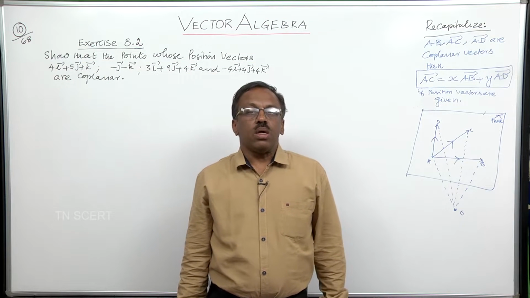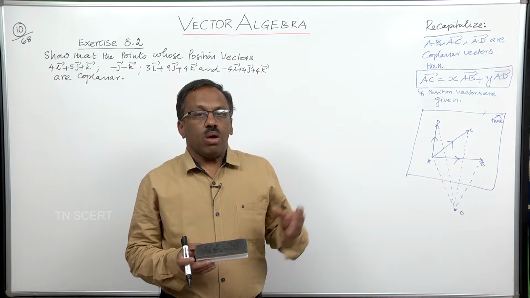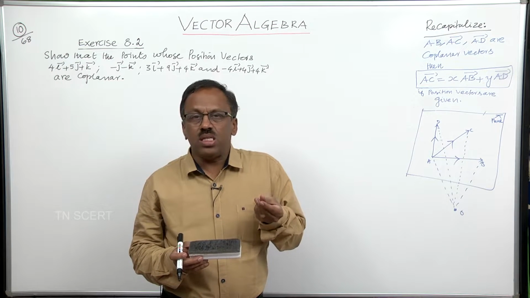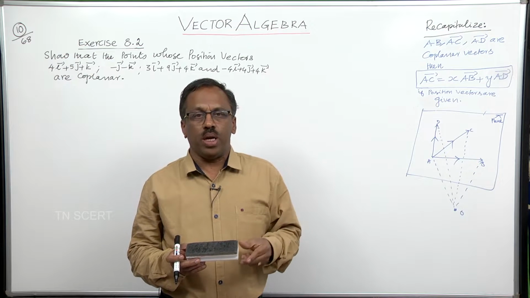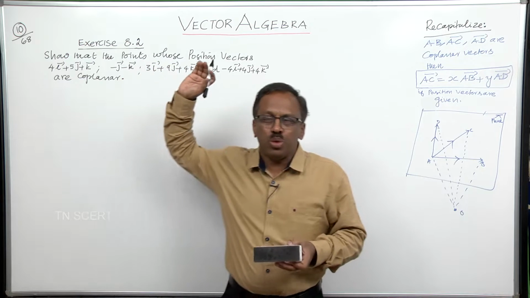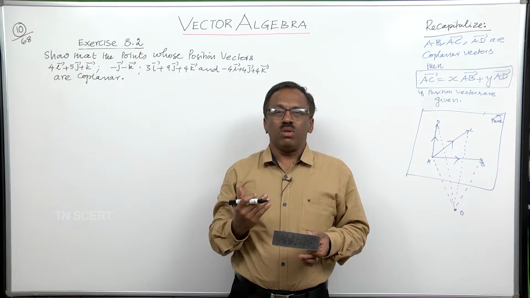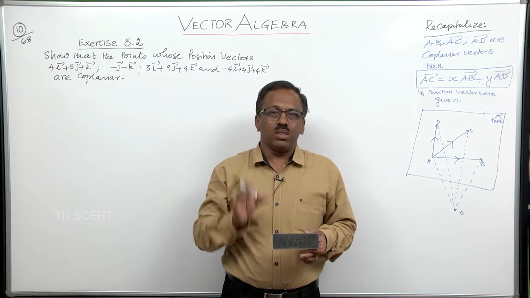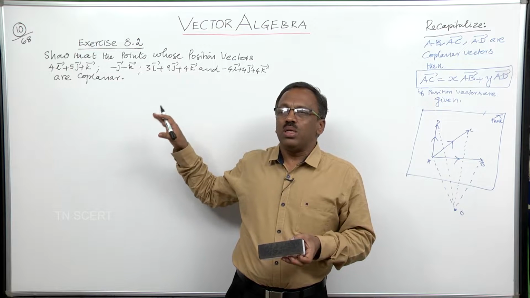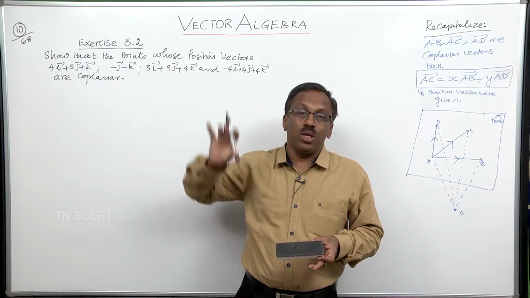Dear students, in vectors we have discussed the basic concepts related to collinear and coplanar. Now, in this exercise 8.2, coplanar vectors, in the previous problem we dealt only with vectors, but this one we are dealing with position vectors of 4 different points.